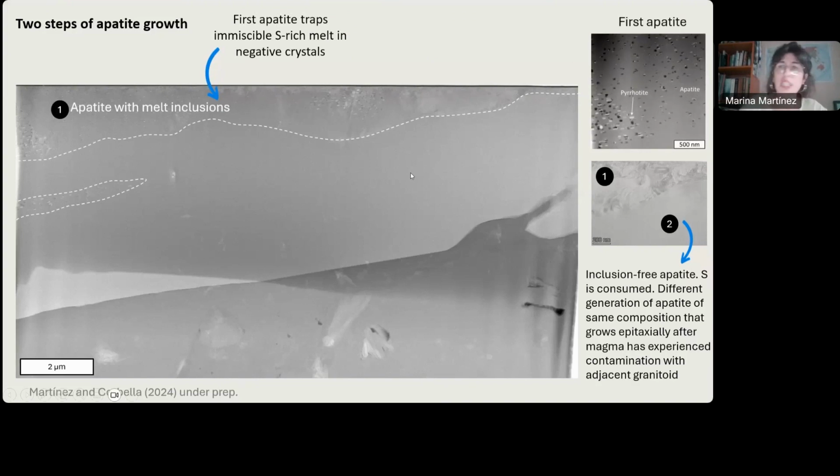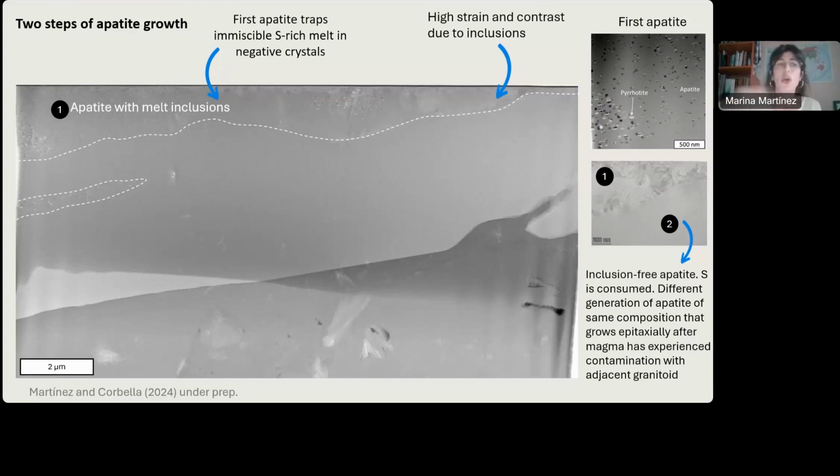So here's an image of that, and one thing that's very interesting to note is that these inclusions are associated with strain and also high contrast in the apatite. You can see the clear difference on the right. And then what we think happened is that this apatite was a cumulus phase, and then it was corroded by the surrounding magma.